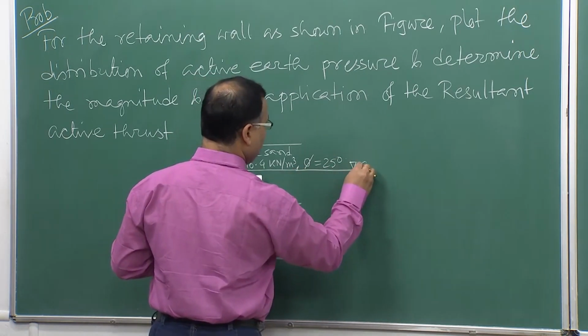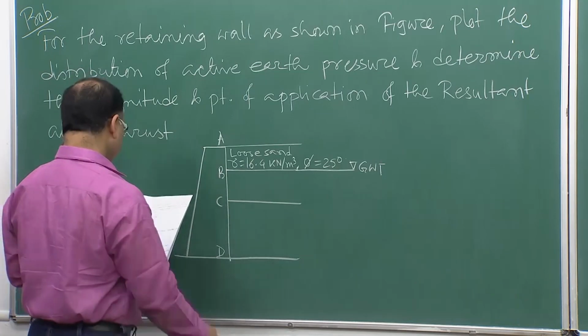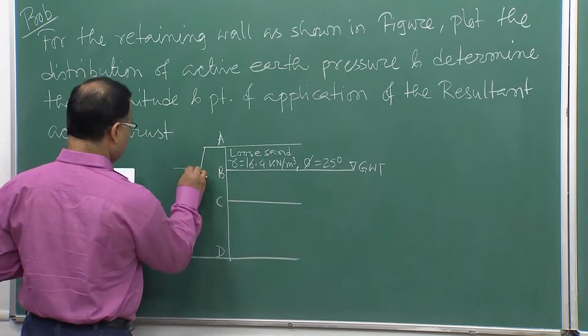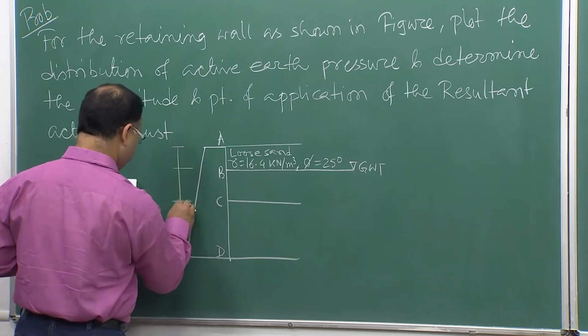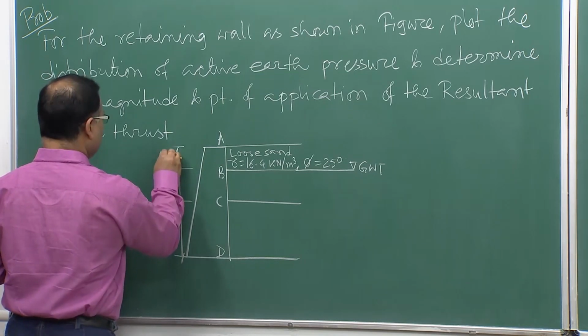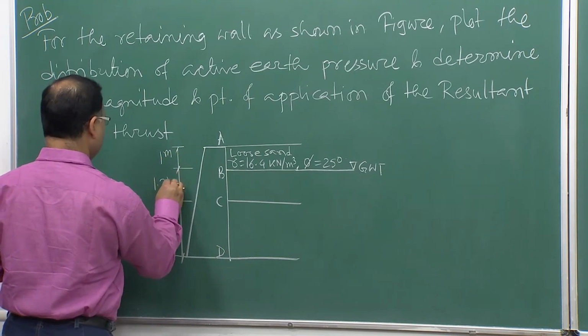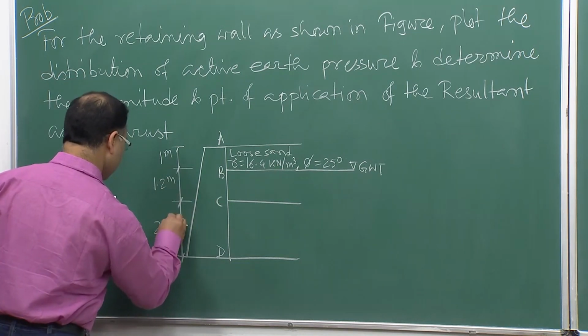So, this is your groundwater table, which is here at this level. So, let me write down the depths. This is say 1 meter, this is 1.2 meter, and this is 2.3 meter.